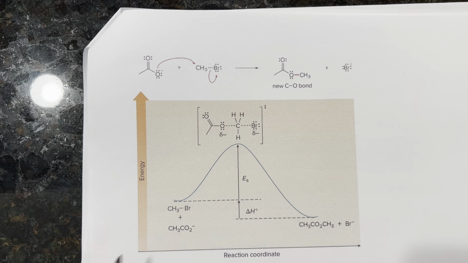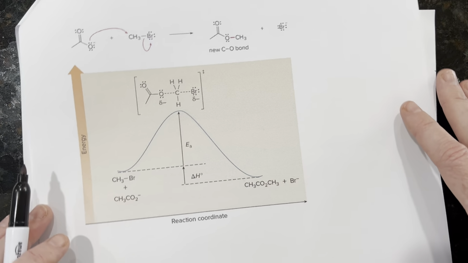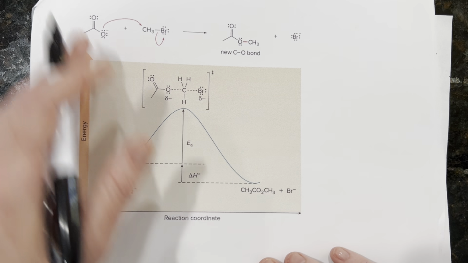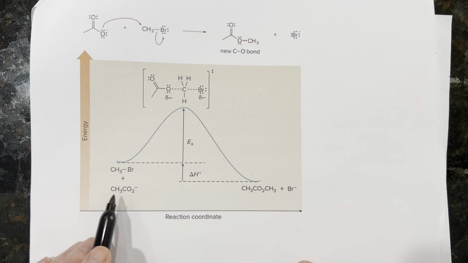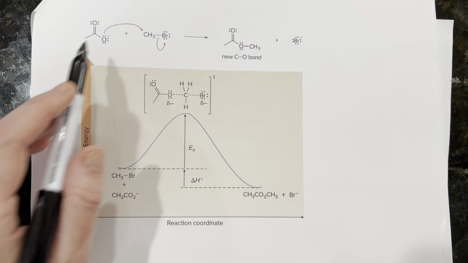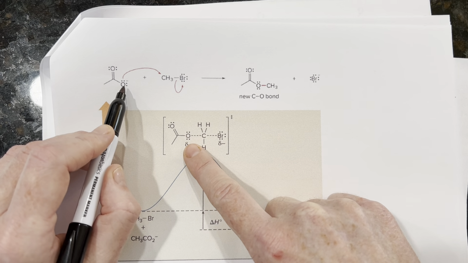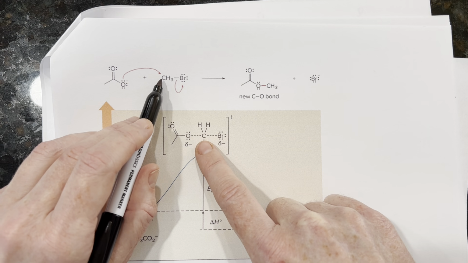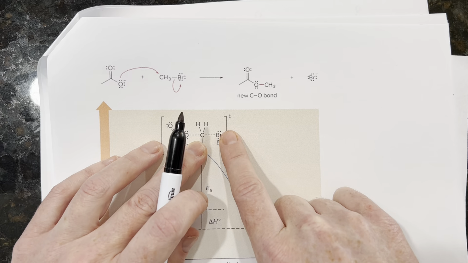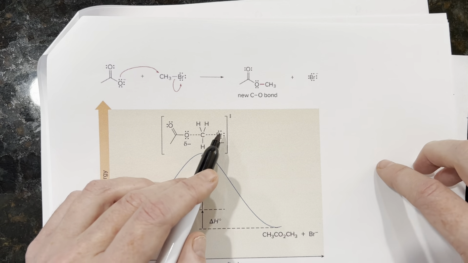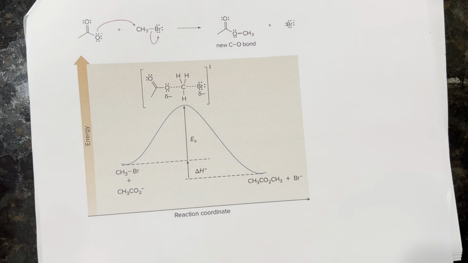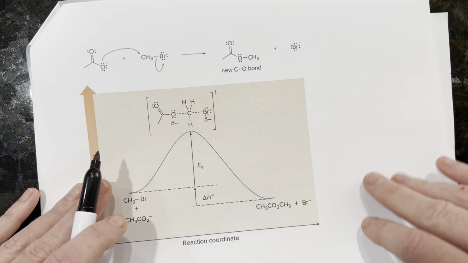Okay, so in our energy diagram, we should expect just one hump, right? So here we have our initial RX. Up here, the O is bonding with the carbon, which is bonding with the Br, and this one's going to lose and this one's going to gain, but we have these dashed lines. And then down here, we have our products. Yay, very straightforward, right?